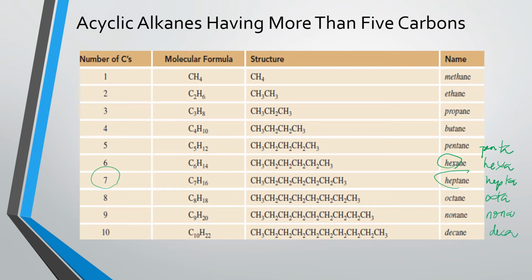Di ba? So we have pentane for 5, hexane for 6, heptane for 7, octane for 8, nonane for 9, decane for 10. Undecane is 11. How about 12? Dodecane. Yan. Let's have yung simple muna. We have the 10.